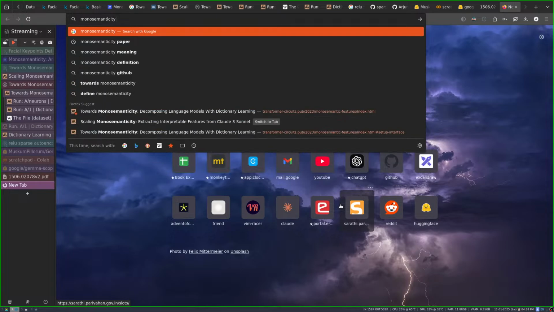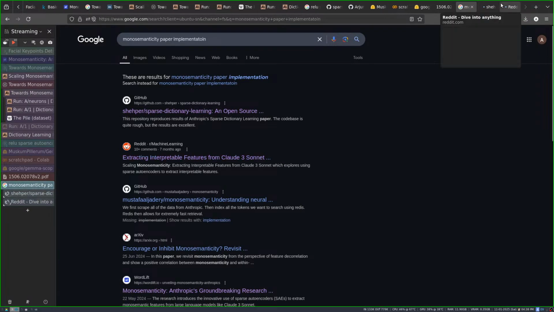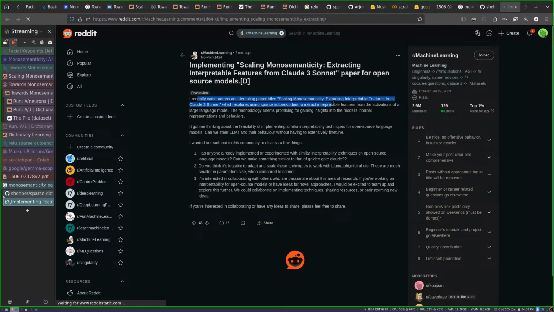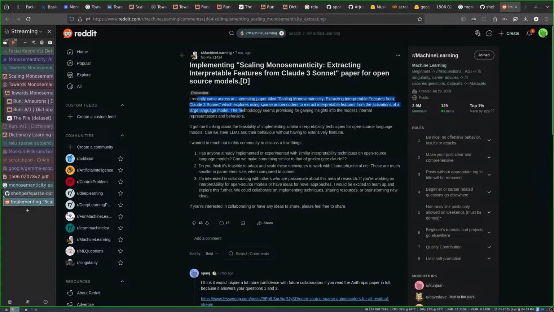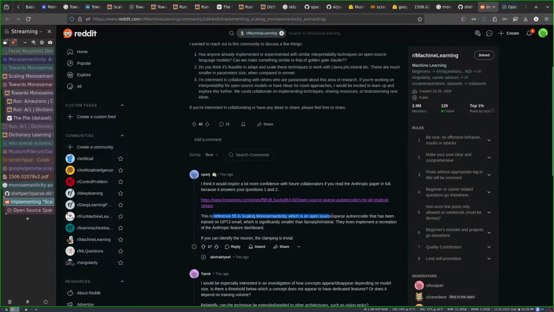Monosemanticity paper implementation. This is reference 50, a file scale-up of Monosemanticity, which is an open source sparse autoencoder that has been trained on GPT-2, significantly smaller than Llama.